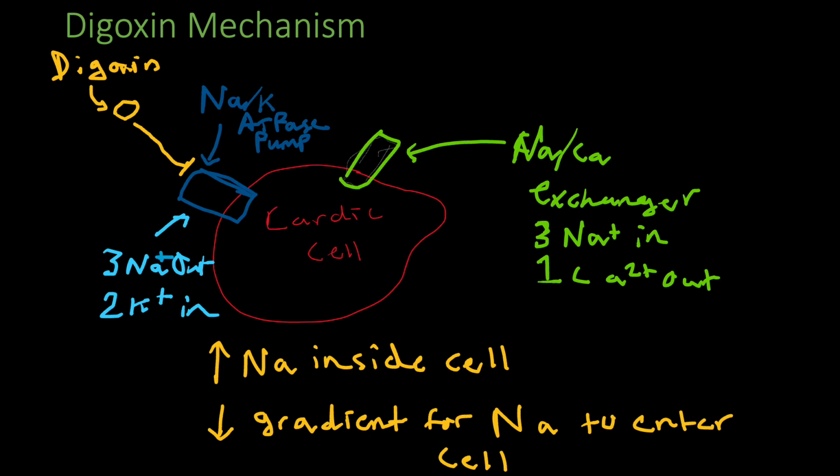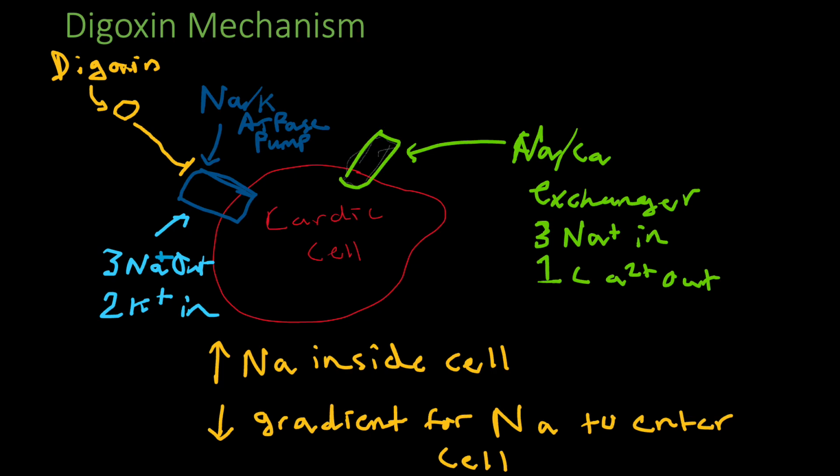Normally, 3 sodium goes out for every 2 potassium that goes in. And then you have the sodium calcium exchanger, where 3 sodium goes in and 1 calcium goes out. So whenever digoxin is taken, it blocks the ATPase pump where the sodium is taken out.